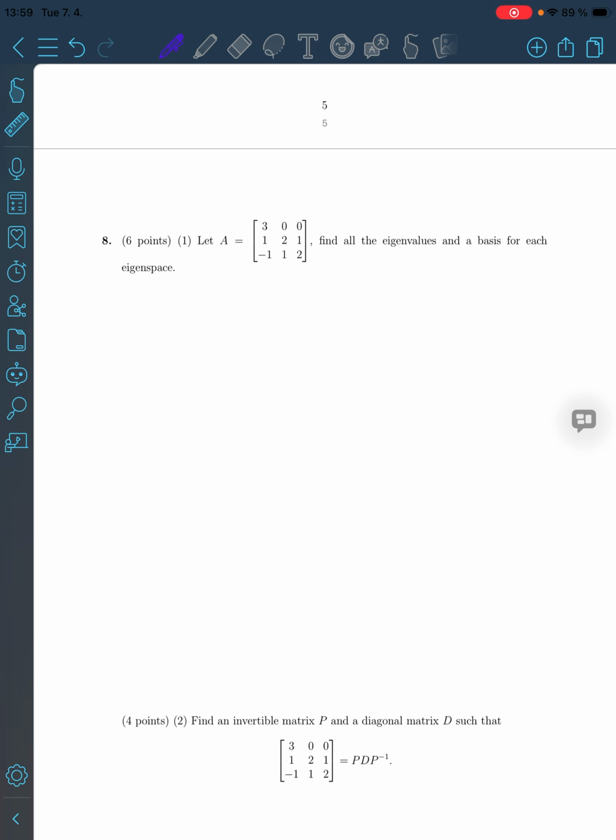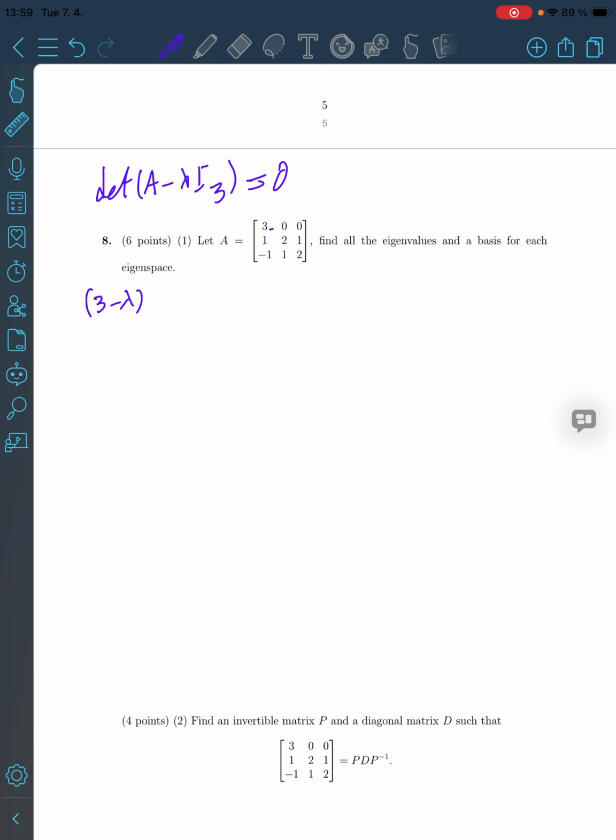So now let's go to the free response question. So here you have a question. You are given a matrix, and then you are asked to compute the eigenvalues and eigenvectors. To compute the eigenvalues, just to remind you that determinant of A minus lambda I3 is going to be 0. But here, because you have 2 0 here, one can easily see that 3 minus lambda is going to be one of the factors of your characteristic function.